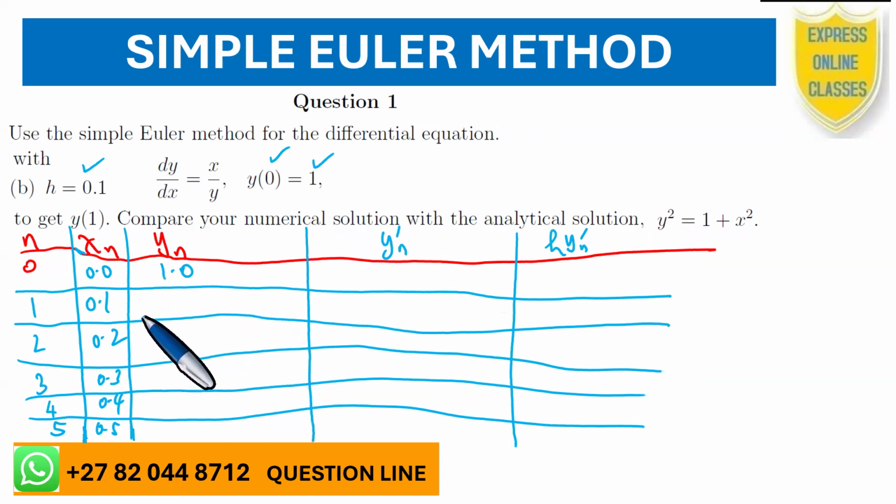Now, to start with, what is y primed? It's going to be y0 primed. As we said, I need to write down our usual Euler formula. If they say simple Euler, normally they don't give this one, but you write y_{n+1} equals y_n plus h times y_n primed.